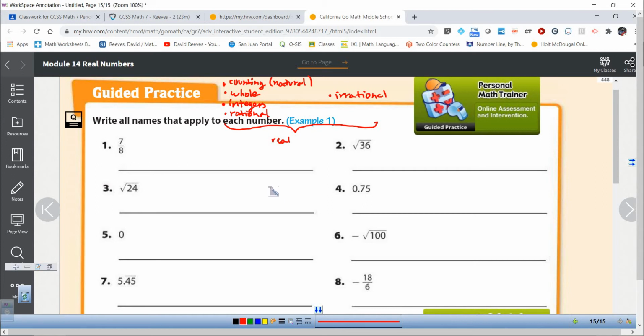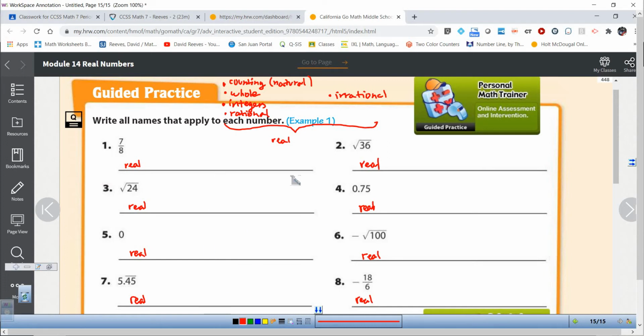So right off the bat, I could put real for every single one of these, because the only type of number that you are dealing with right now is a real number. Again, when you get to high school, you'll learn about something, believe it or not, called imaginary numbers and complex numbers that are not real numbers, but everything we have is real.